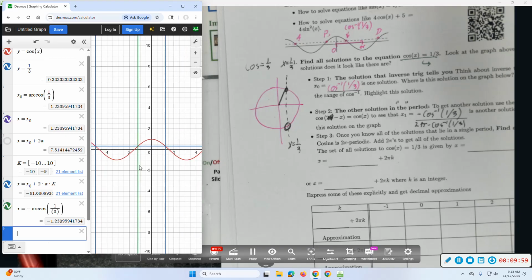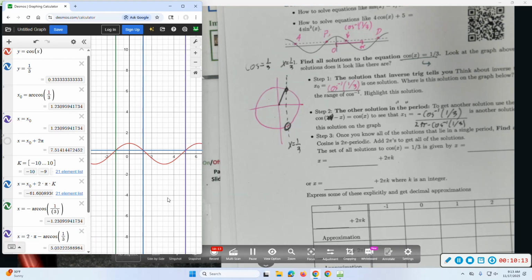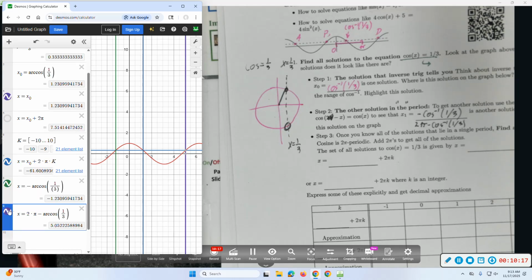The other secondary solution we could have used, does that give us another one? It gave us that. Nice. So now we found infinitely many solutions, and then we found one additional solution.